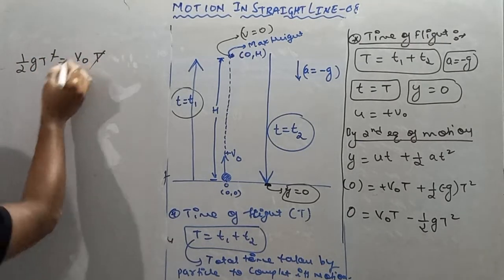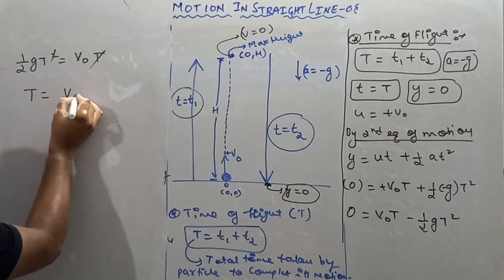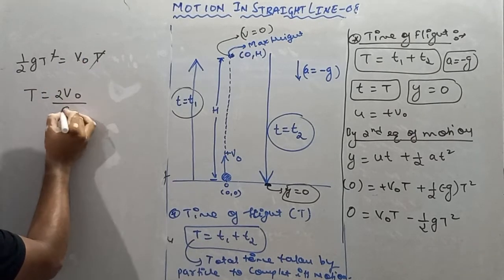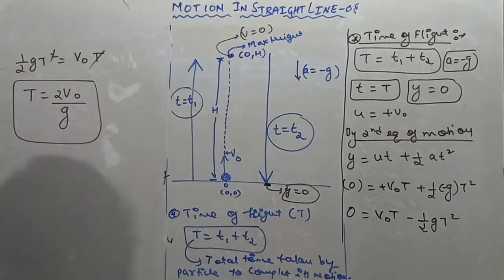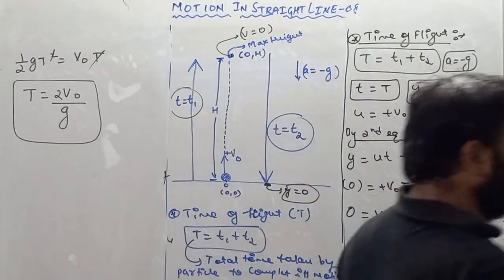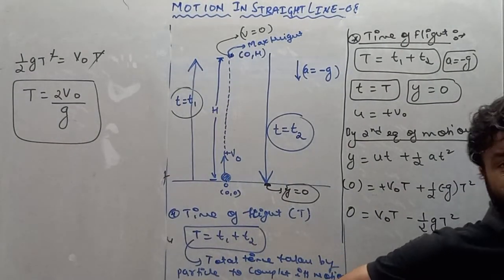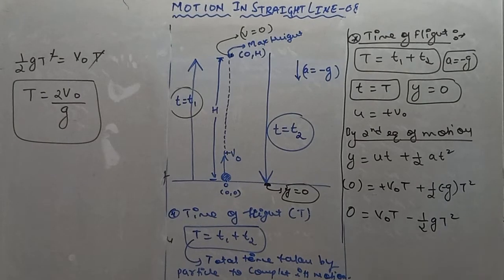One t gets cancelled. It will be capital T is equal to v naught and 2 divided by g. So time of flight is nothing but 2 v naught by g. This is the value of time of flight, and time of flight means total time taken by the particle to reach the ground again.